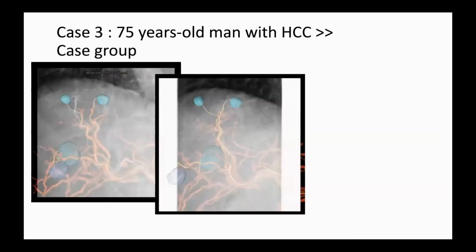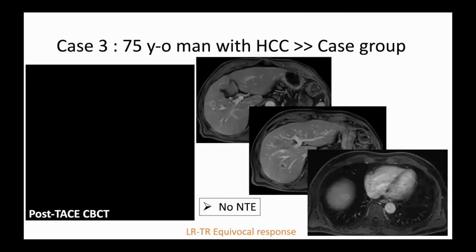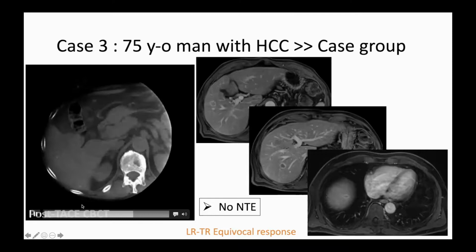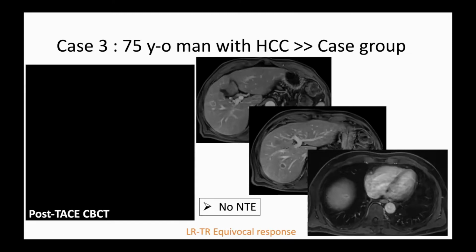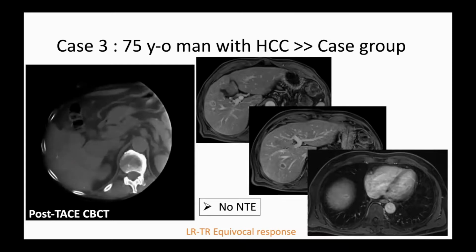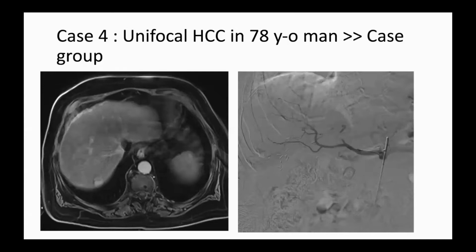Then we went selectively into all these small lesions, and at the end we controlled, and we haven't seen any non-target embolization. And on MRI, we have an equivocal response based on LI-RADS.